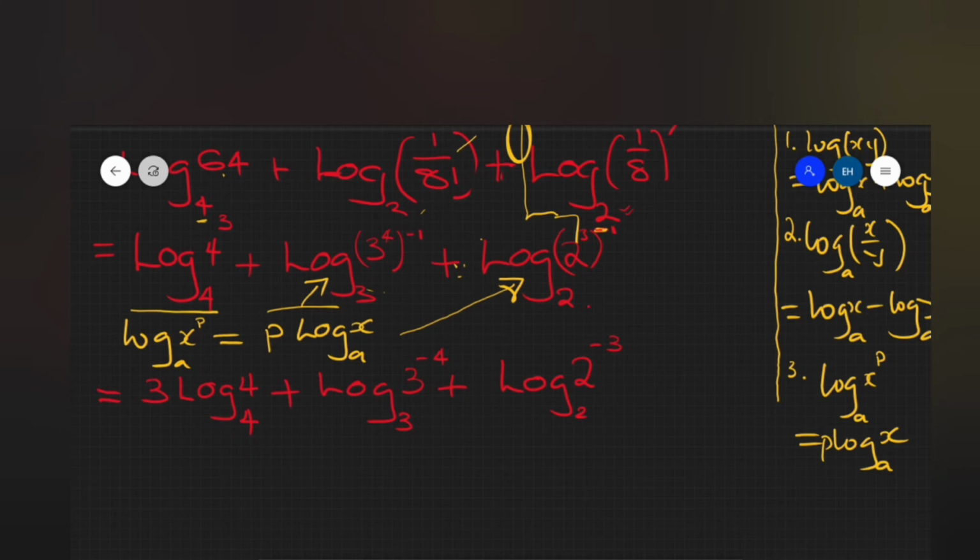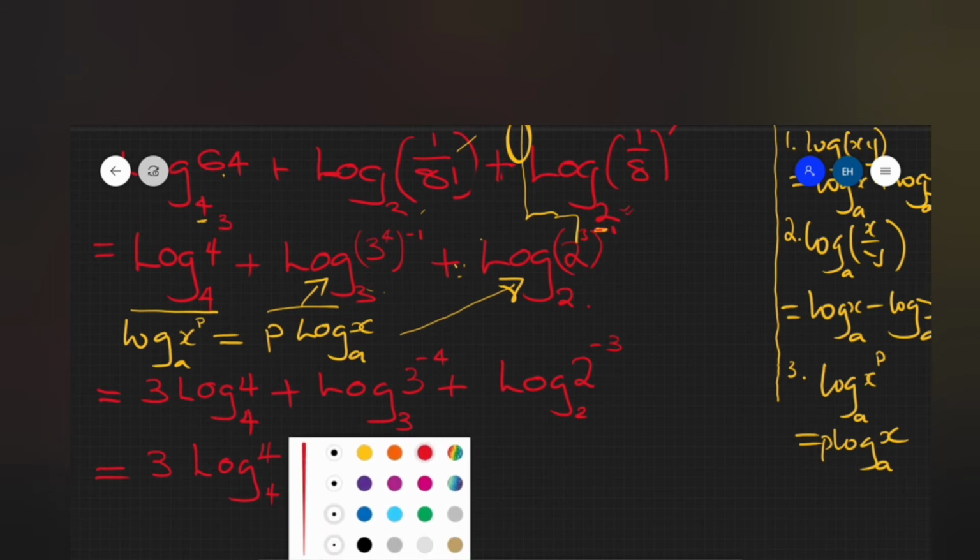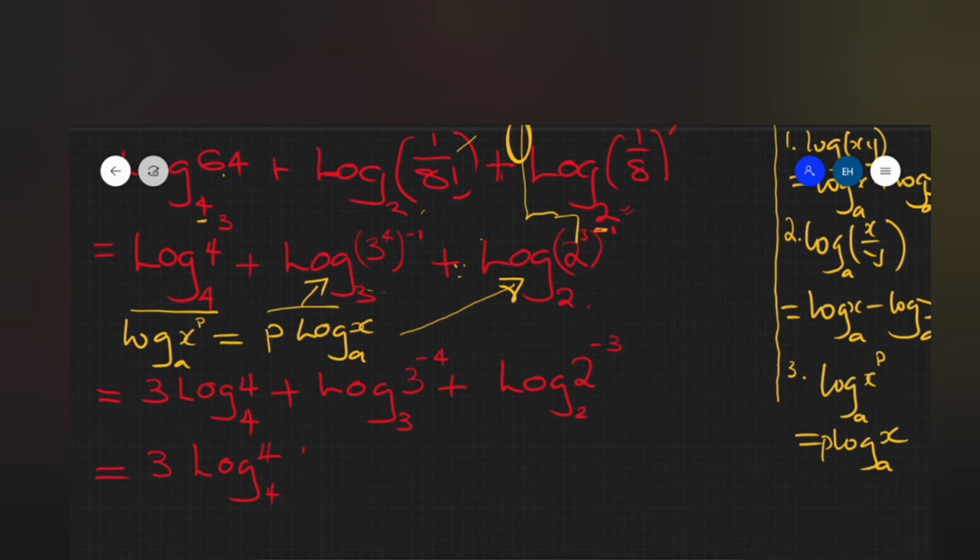Okay, then 3 log 4 base 4 minus, that's because of that -4, it affects this positive sign, so we will have negative 4 log 3 base 3.